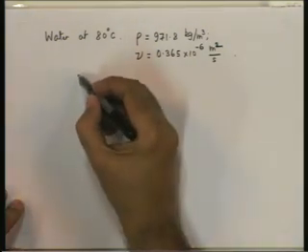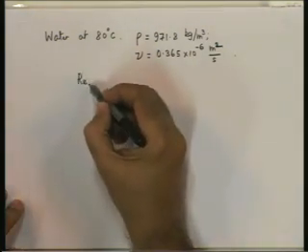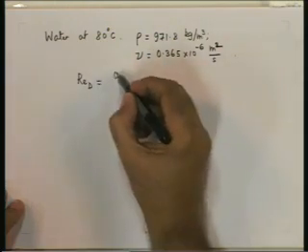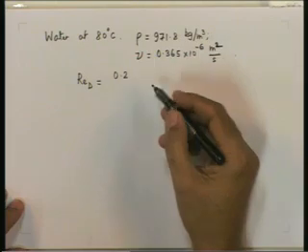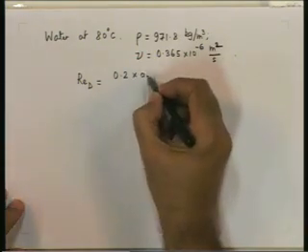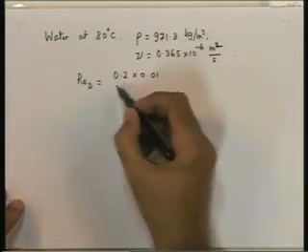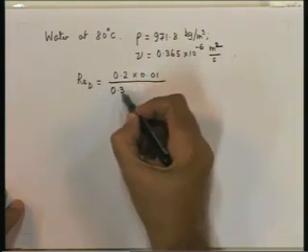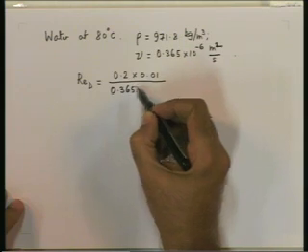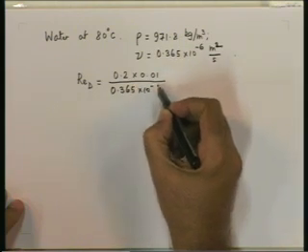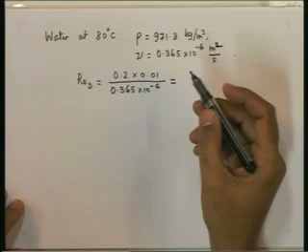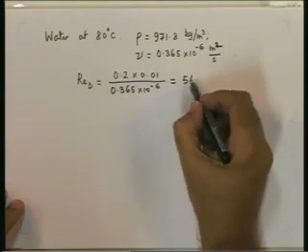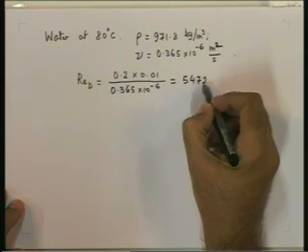We will have to recalculate the Reynolds number. Mean velocity is 0.2 meters per second, diameter is 0.01 meter divided by the kinematic viscosity at 80 degrees C. And this turns out to be 5472.